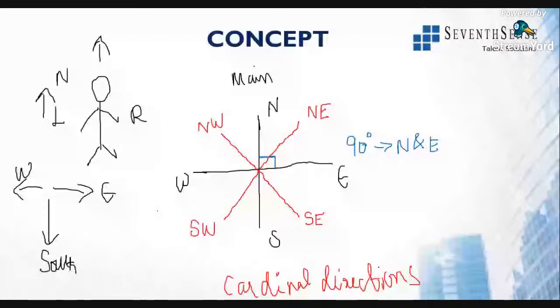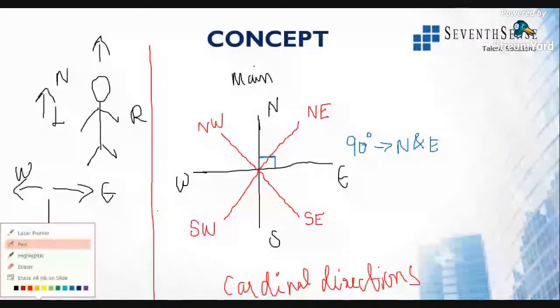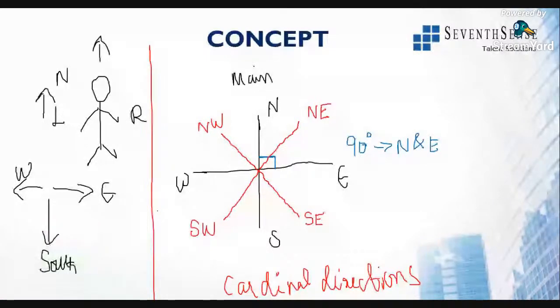The black one is the main direction, the red one is the cardinal direction. Now, the angle between any two cardinal directions, that is the angle between this, if you can see the blue one here, again that is also 90 degrees. 90 degrees angle between southwest and southeast.